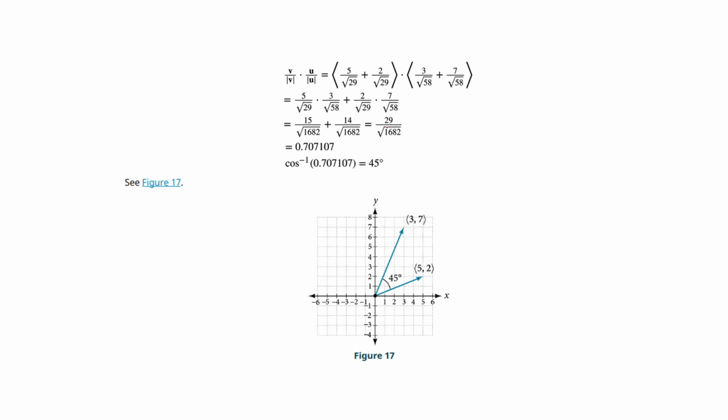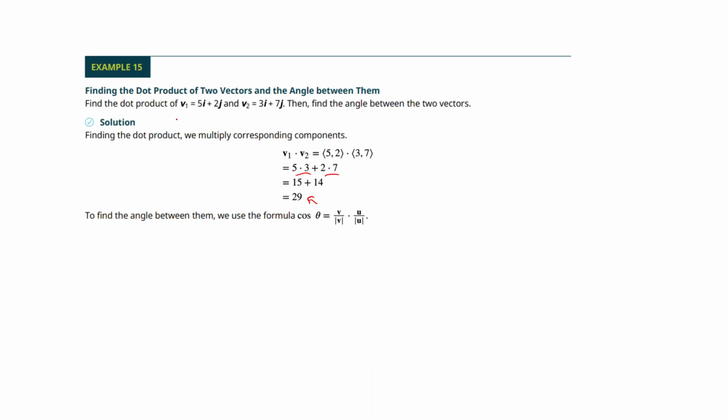There was a mistake on here. This shouldn't be a plus; these should be parentheses. Okay, so if I have these two vectors, do you remember how we'd find their magnitude? The magnitude of v1 is going to be 25 plus 4.